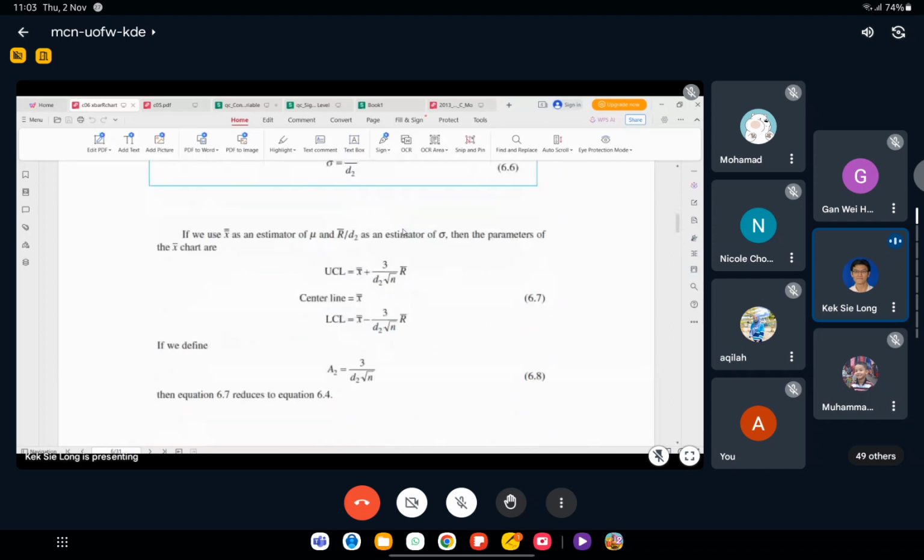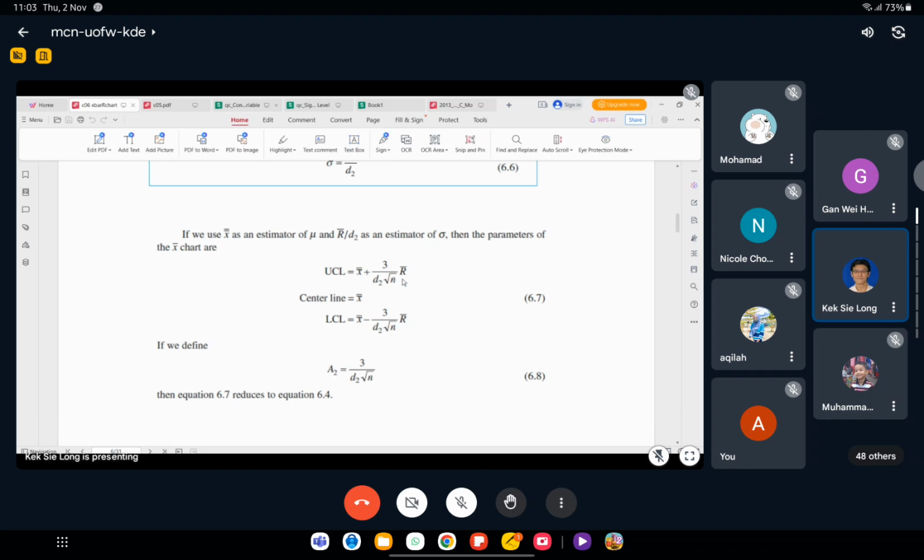Okay, refer to this. And then just recall how to calculate the control limit. Recall the common formula we use to calculate the control limit. If you still remember, we have mu W plus L multiplied by sigma W. So in this situation, our mu W is x bar bar.